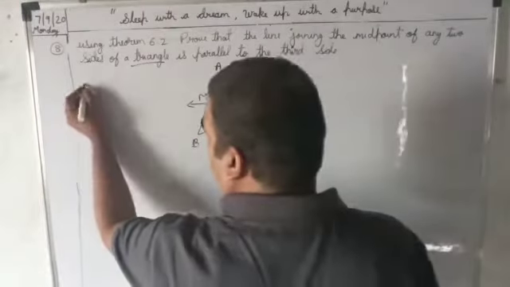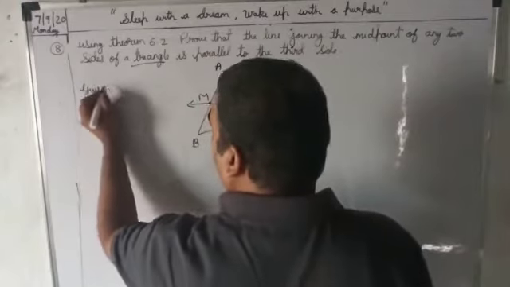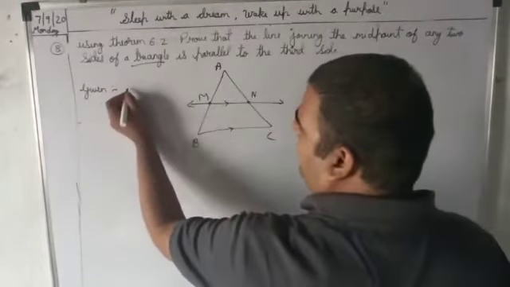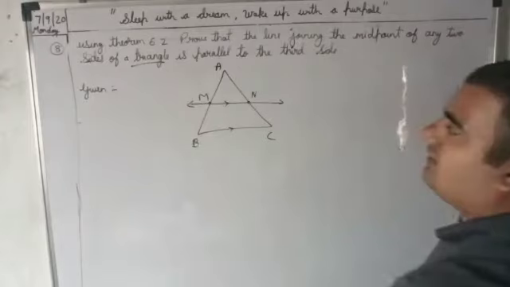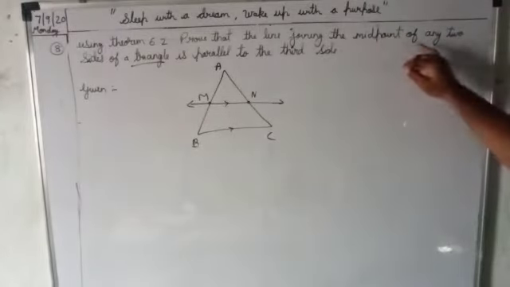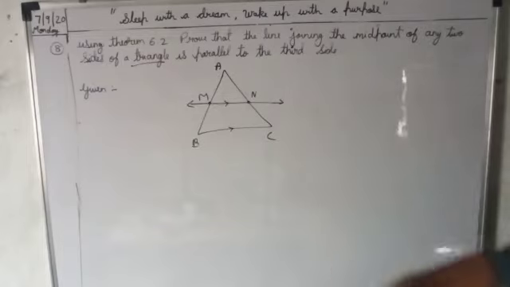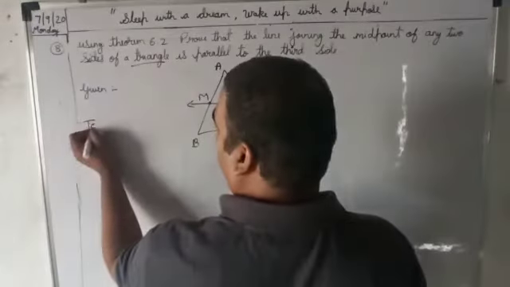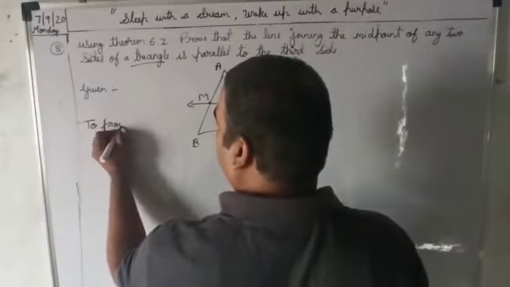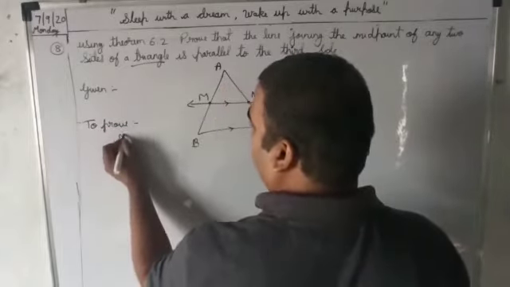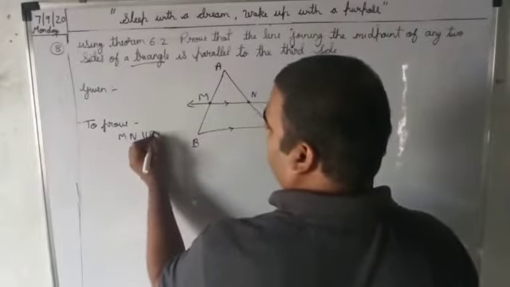So given. What is given? Prove that the line joining the midpoint of any two sides of a triangle is parallel to the third side. That is to prove. What do you need to prove? MN is parallel to BC.